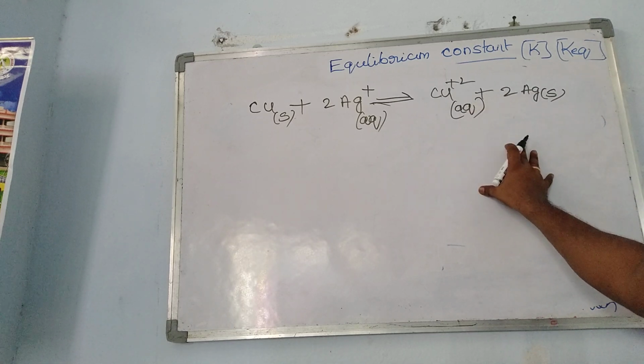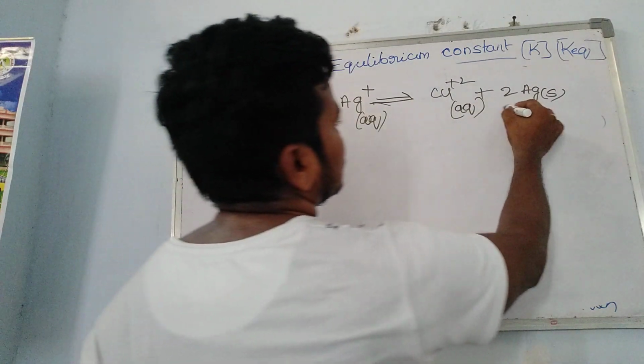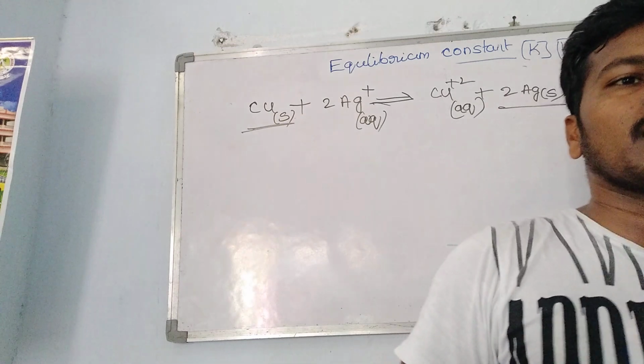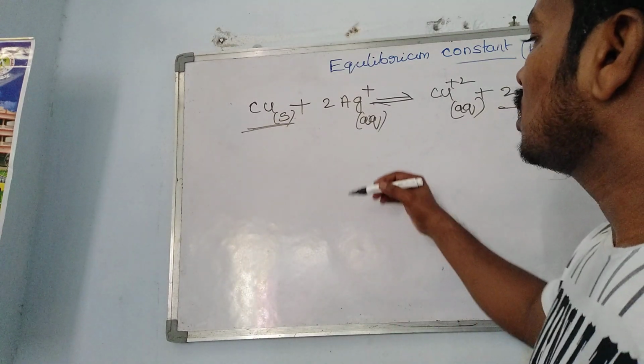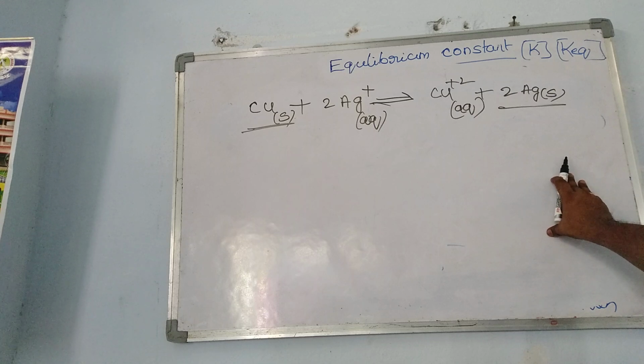For these reactions, how to write the expression? See here, solid should be neglected. Solid we should not write in the equilibrium expression. Only the gas phase we have to include.